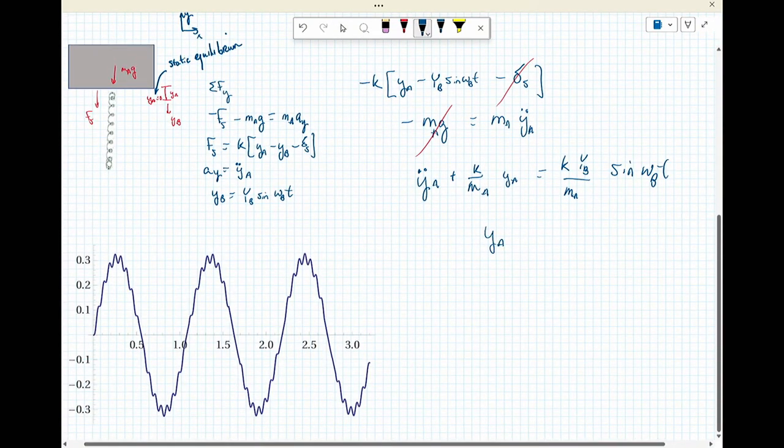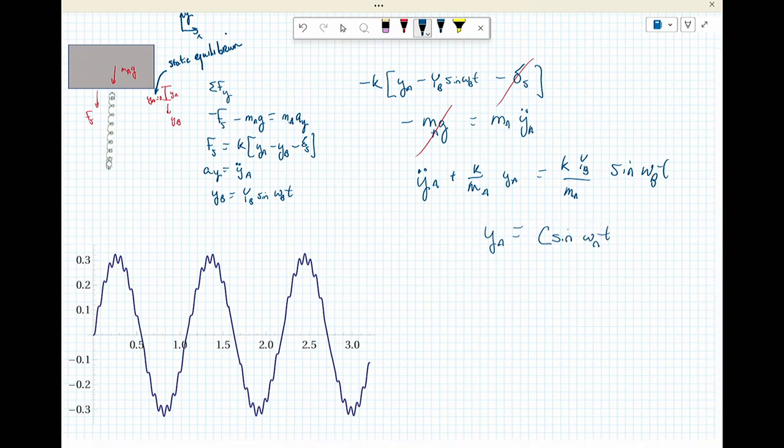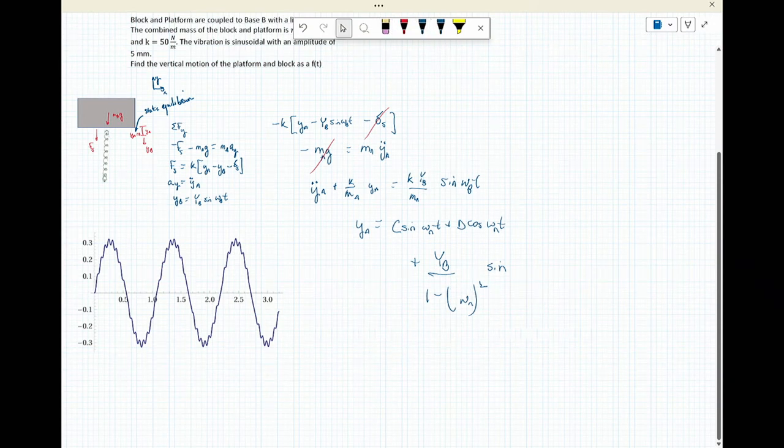So ya is equal to C sine omega n t, which is the complementary solution where I set it equal to 0, plus D cos omega n t, plus yb over 1 minus (omega b over omega n) squared, times sine omega b t. So I have a complementary solution.